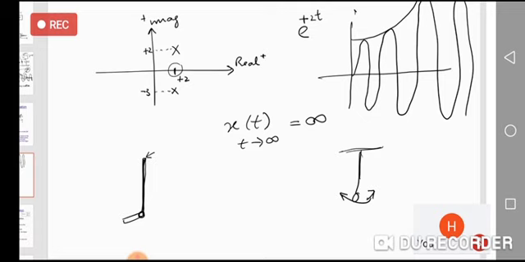Such a system is called an unstable system. How do we mathematically define an unstable system?